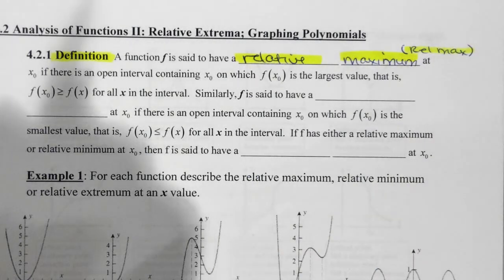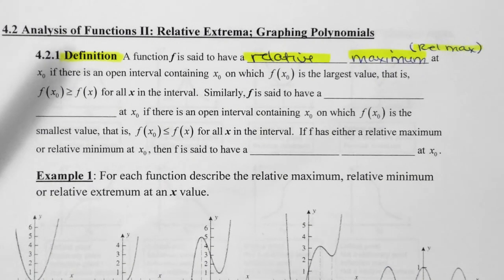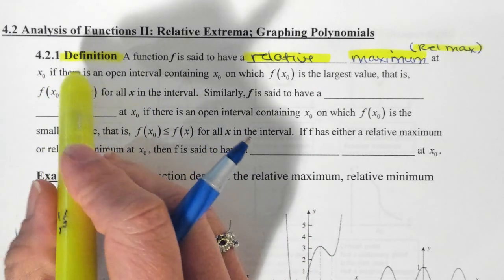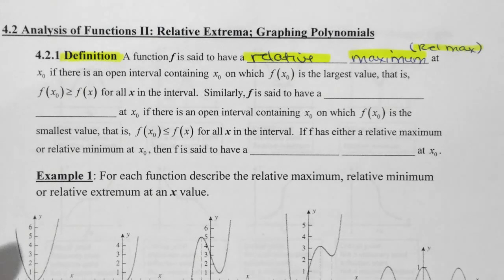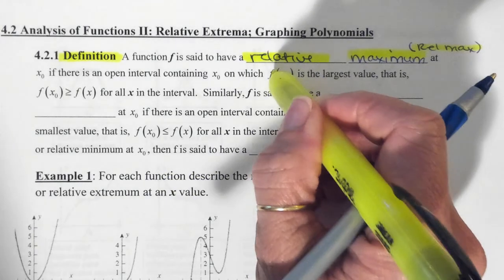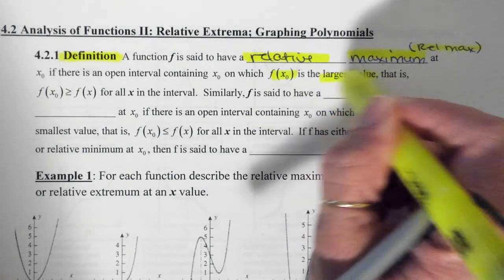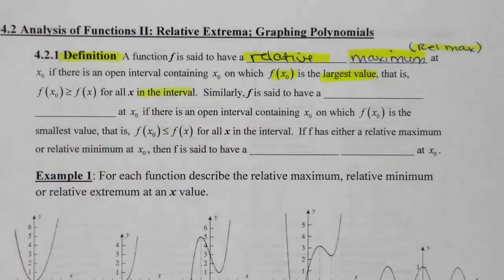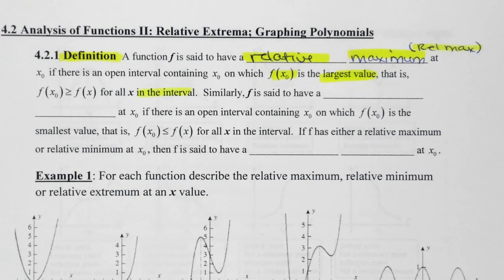Remember, less writing, less hand cramps. If at some given x sub 0 value, there is an open interval containing that value, and f of x sub 0, meaning the y value, is the largest value in that interval. Okay? It's the largest value. So basically you have to look at your numbers, right?